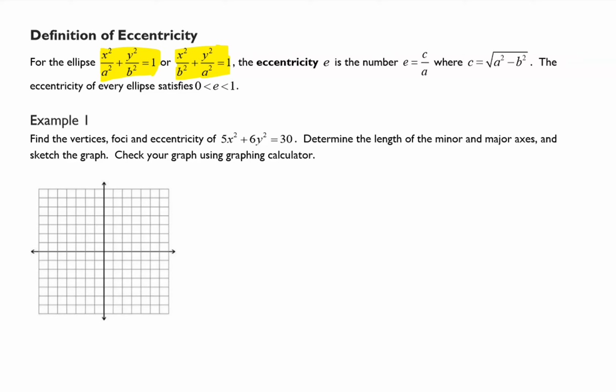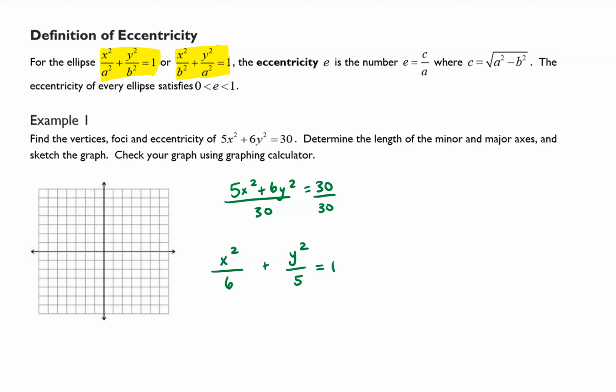So what I'm going to do is take 5x squared plus 6y squared is equal to 30, and divide both sides by 30, and if I do that, I'm going to get x squared over 6 plus y squared over 5 is equal to 1.